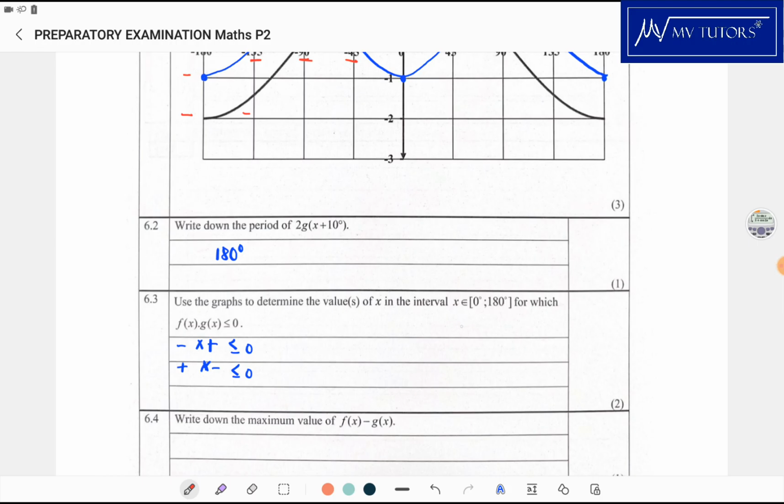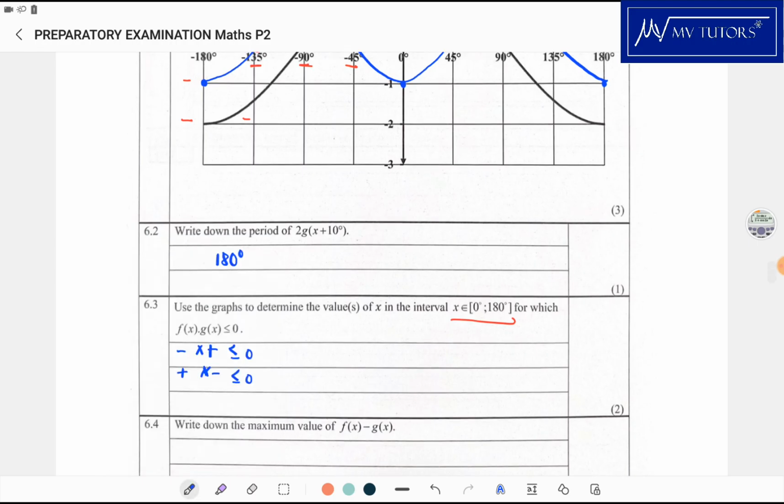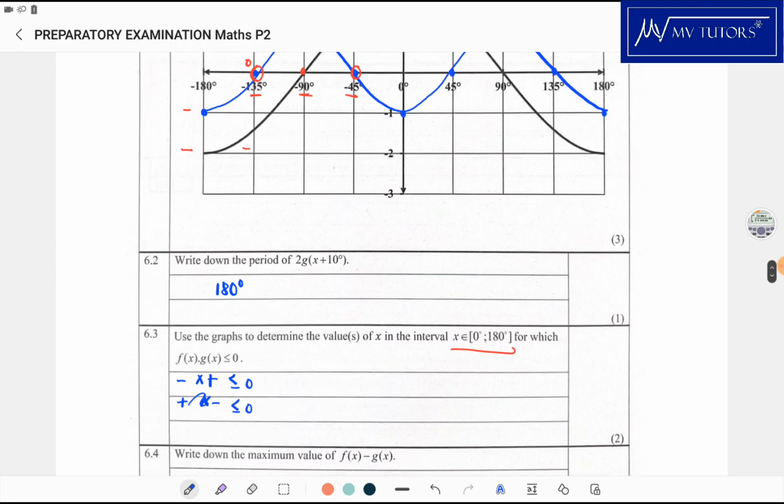Oh, they gave us from 0 to 180. Ooh, yeah. But anyway, it's fine. We were able to determine the areas.